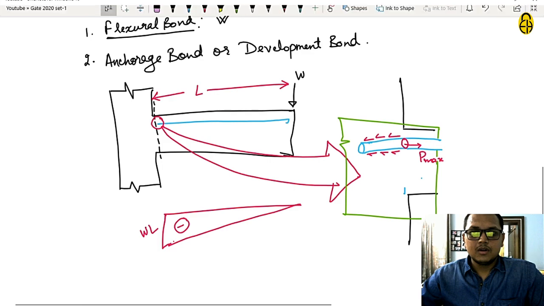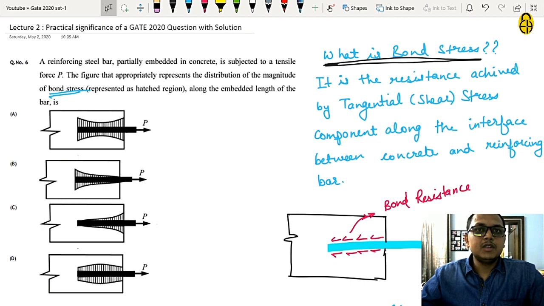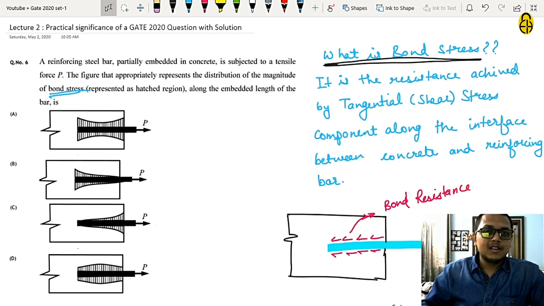Now coming back to the question, it has been observed experimentally that the bond resistance or the bond stress is maximum at the starting of the embedment, and it has been seen experimentally that the bond stresses follow the curve as shown in figure C. This experiment you can do yourself also. Pull your finger by holding it like this, try to pull your finger.